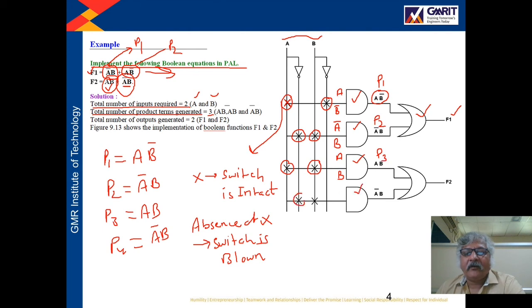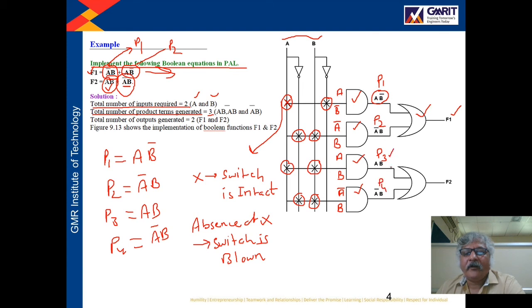This cross indicates the presence of the switch in the A bar line, so A bar is available, and this cross indicates the presence of the switch in the B line, so B is available. This AND gate will generate my product term number 4.